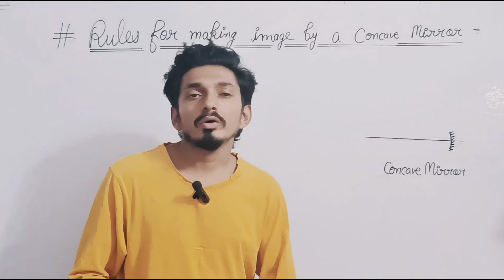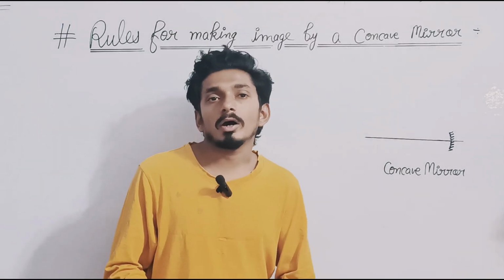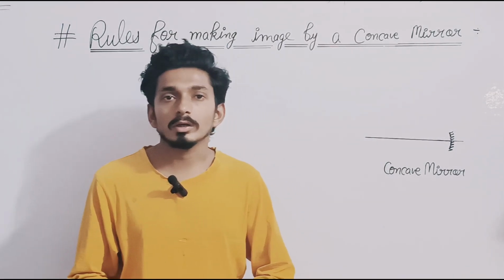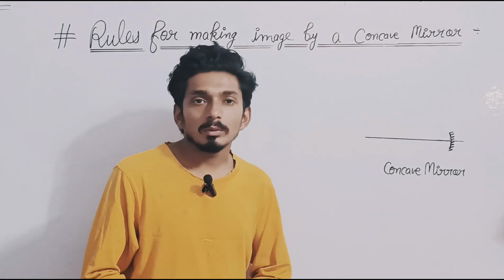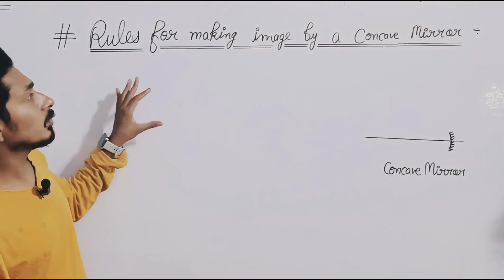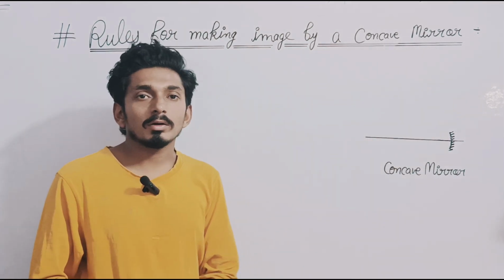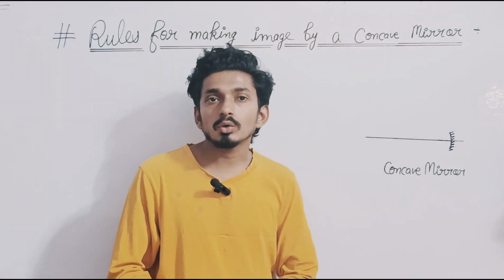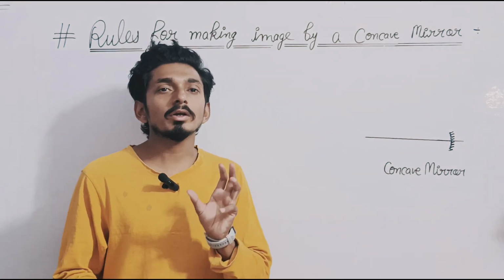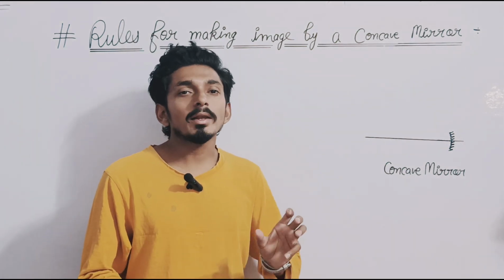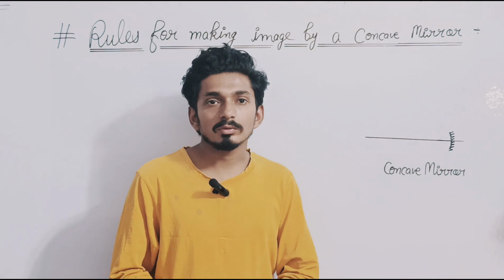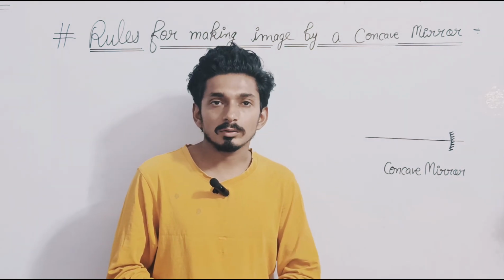Before starting the second part of this question, first of all we discuss the rules for making an image by a concave mirror. Our first rule is: when the incident ray is parallel to the principal axis, then what happens?